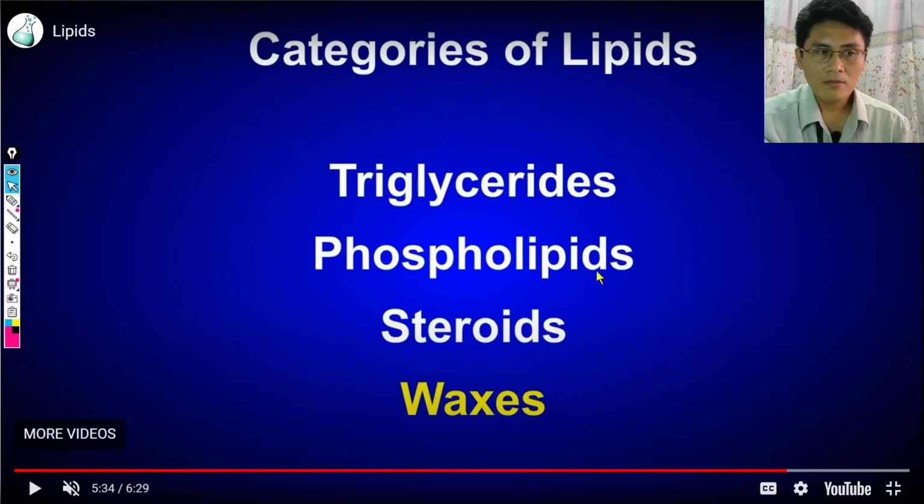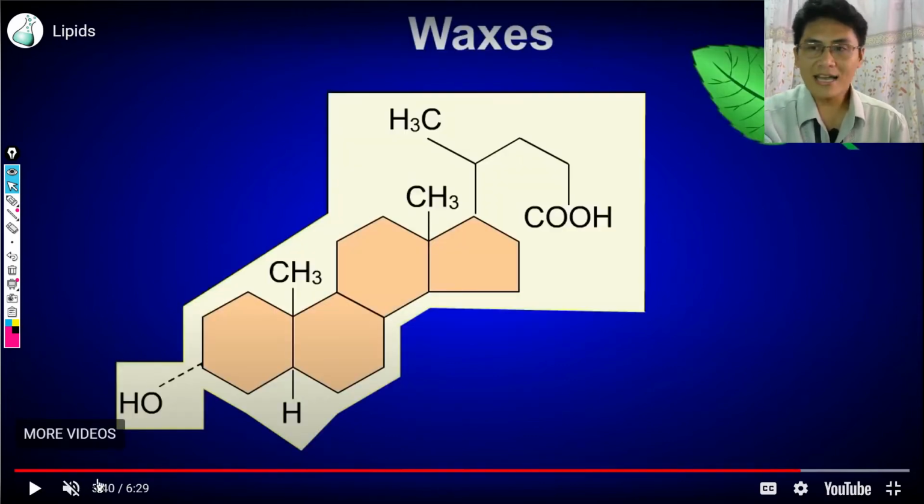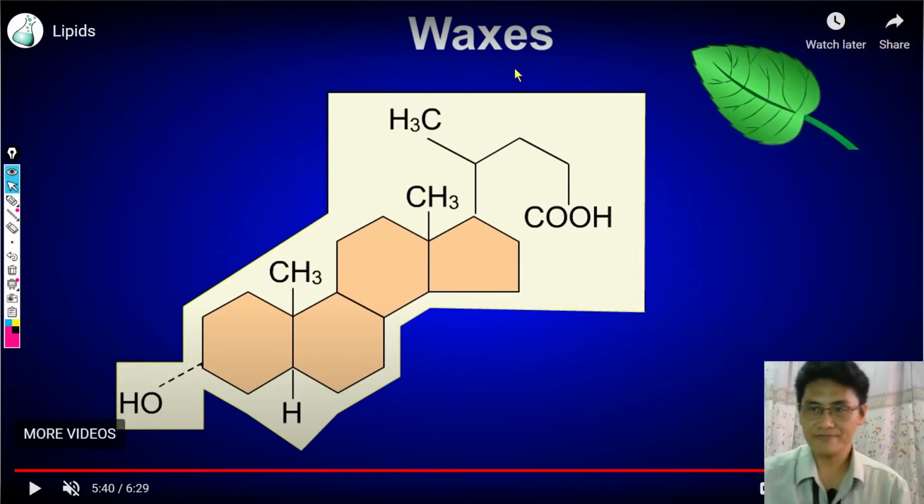But as long as it's insoluble, it could be triglyceride in form, phospholipid in form, steroid in form, or even just a nonpolar hydrocarbon like alkene, alkyne, and so on. As long as it's insoluble, and waxes are defined by being used by organisms externally, right? Externally. So we can't find these waxes inside the bodies of organisms.